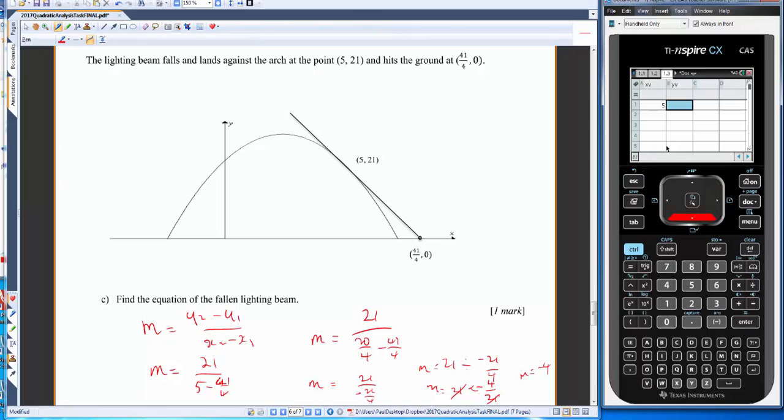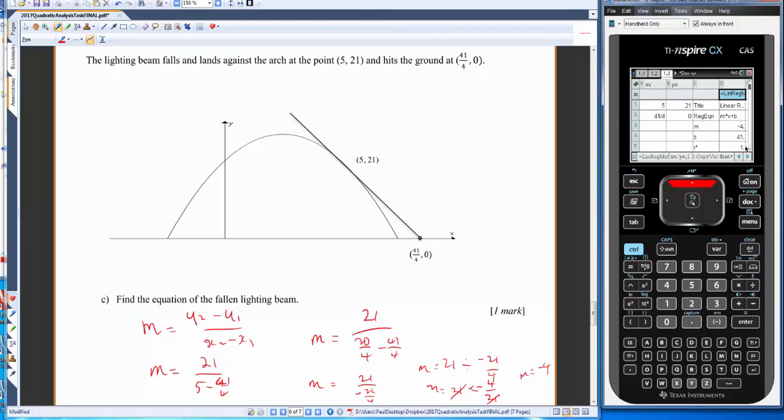So 5, 21, and you type in your 2 points like so, 41 over 4 and 0. And we're going to run what we call linear regression on this. Now I haven't got time to explain really how it works. So we're going to go menu 4, 1, 3 to do linear regression. X list is the X value, Y list is the Y value or variable, and we hit OK.